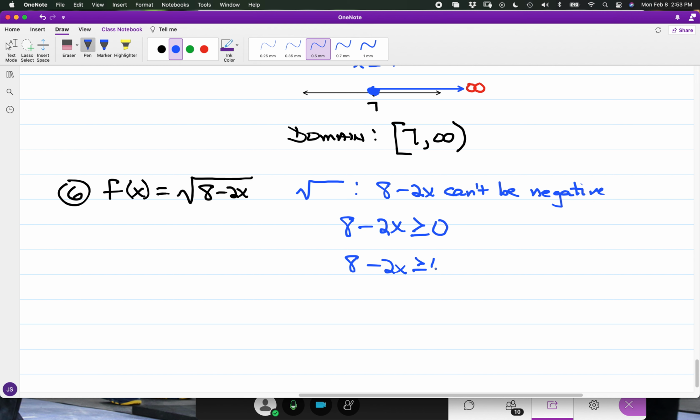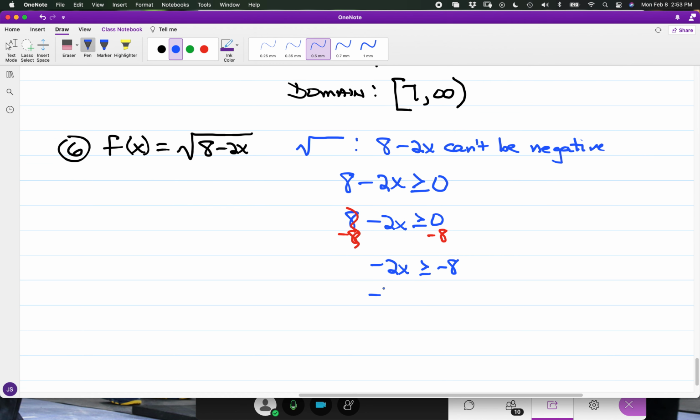Looking at isolating the x term, if I take 8 away from both sides, we're now going to have negative 2x is greater than or equal to negative 8. And if I solve for x, again, be careful.